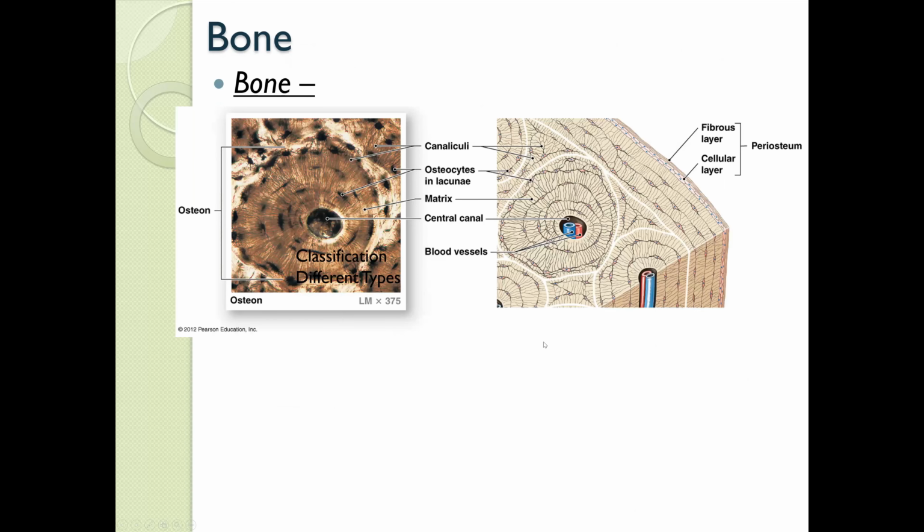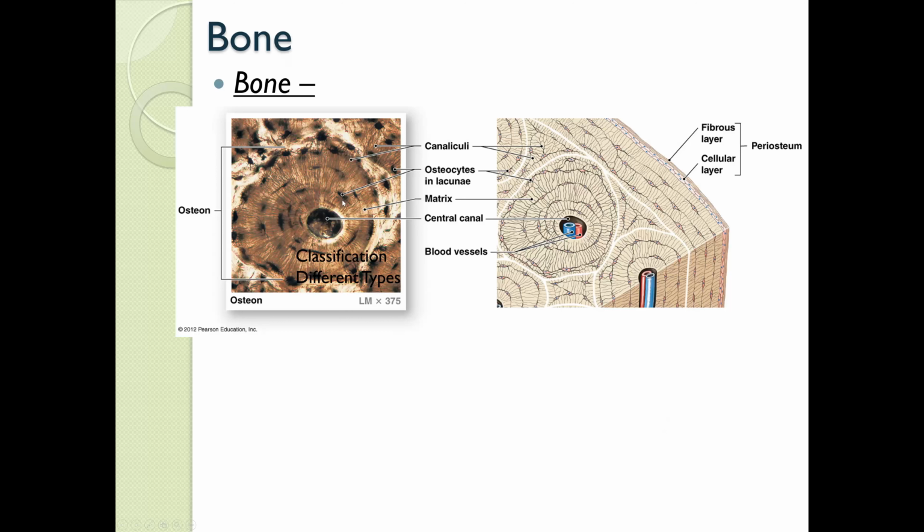So here is an image of bone. And so bone is composed of these larger structures that look like concentric circles called osteons. And within the osteons, you can see these little dark squished bits between the layers. Those are actually your osteocytes that are sitting in very flat lacunae.